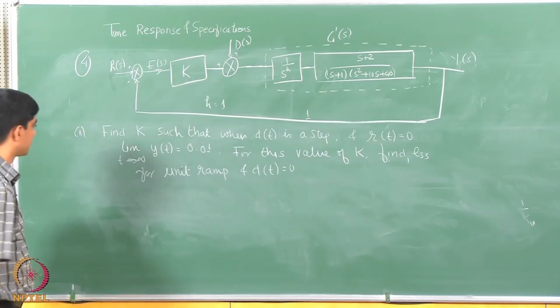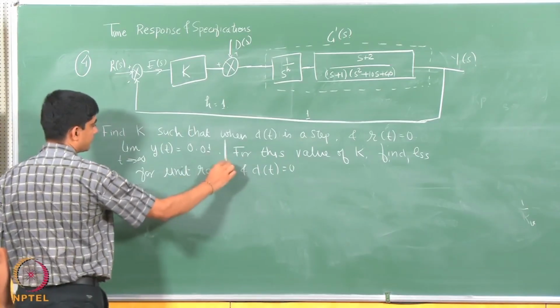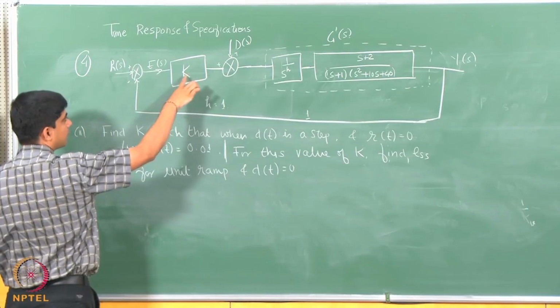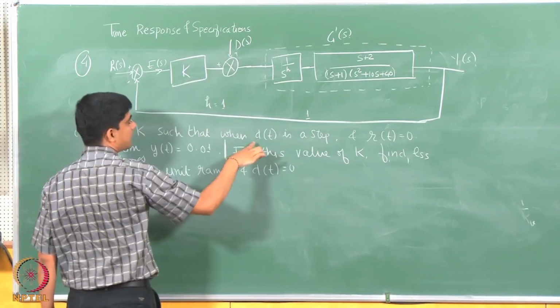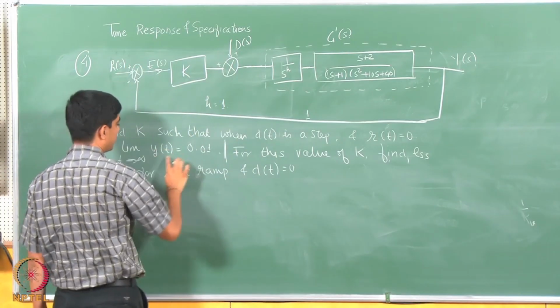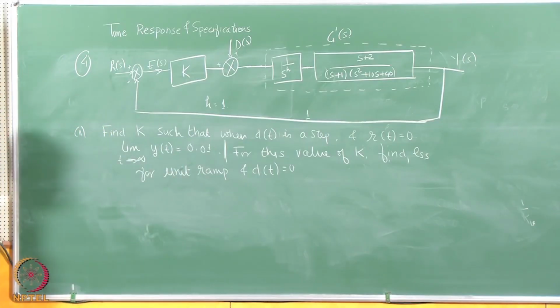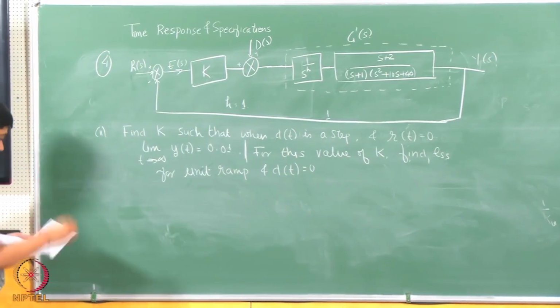Okay. So, let us do the first part until here. Find a k which under a step disturbance and no input will give me an output at steady state of 0.01.